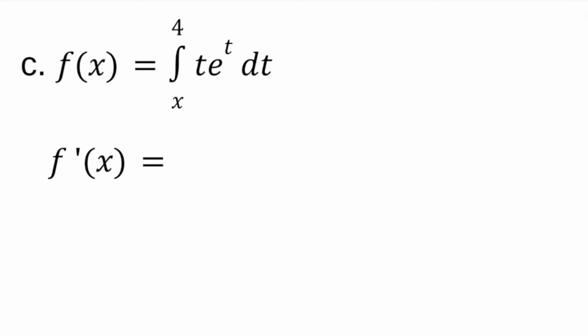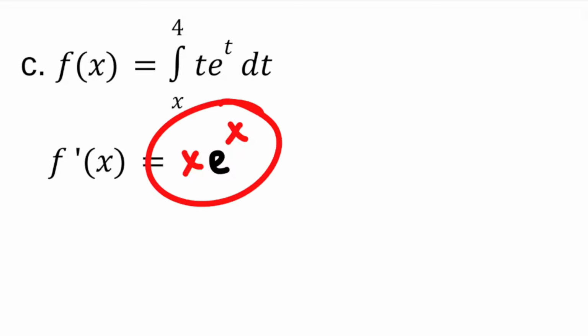Okay, with this one, the variable is in the lower bound of integration, and so, when we switch the bounds of integration, it makes the integral negative. So this derivative is just going to be the negative of what it would be had the x been in the upper bound. So I'm going to put in the x wherever I see t in the integrand. So it'll be x e to the x, okay, but it'll be multiplied by -1 because it was in the lower bound.